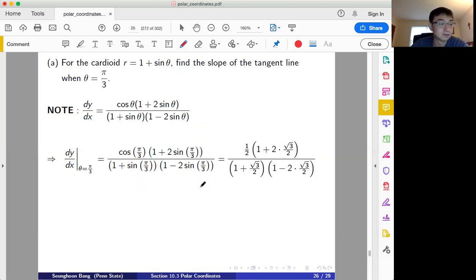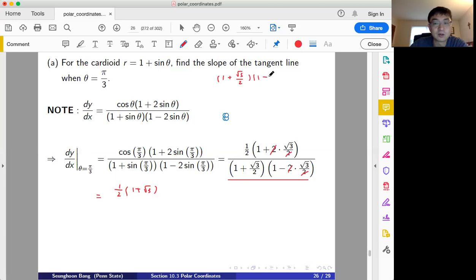The next is to simplify. 2 is crossed out, right? So what's that? This is the same as 1 over 2, 1 plus root 3. This one was the bottom one. 2 is crossed out. Exactly. The 1 plus root 3 over 2.